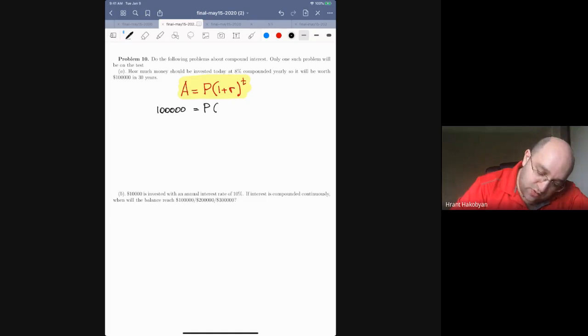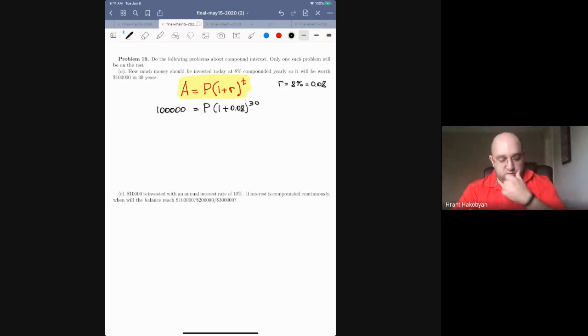The rate is 1 plus 8%, so R is 8%, meaning it's 0.08, 8/100ths, and T is the number of years, so that's 30 years. So all we need to find here is P.